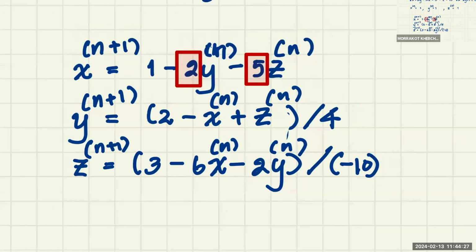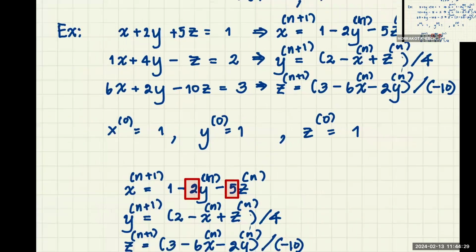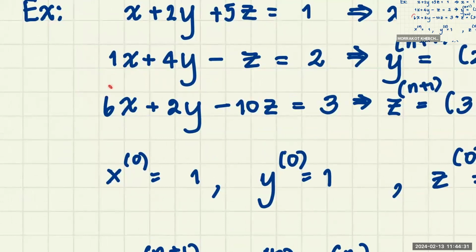So we will try to see that, okay, if I look at this one, number 6 is the largest, here x, this is z. This problem, we have to trick a little bit, but I will show you, okay?